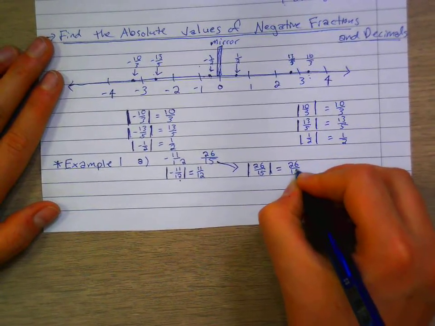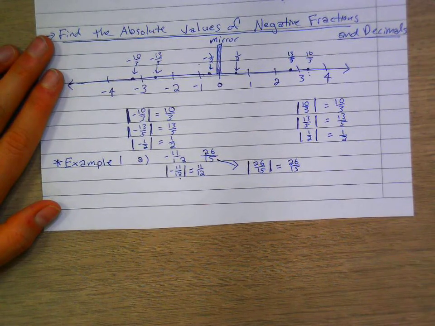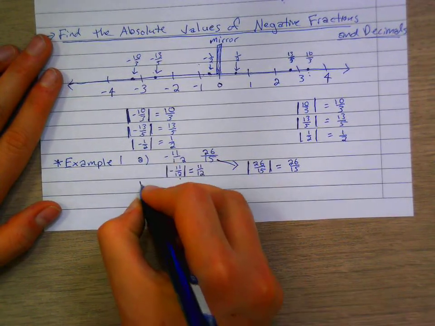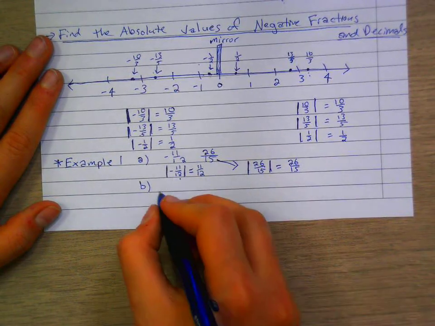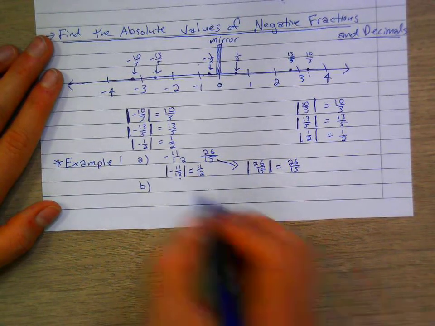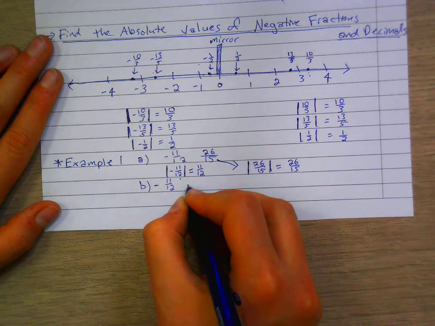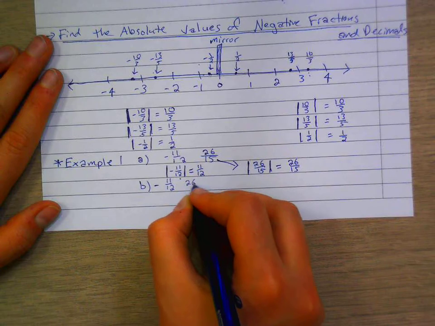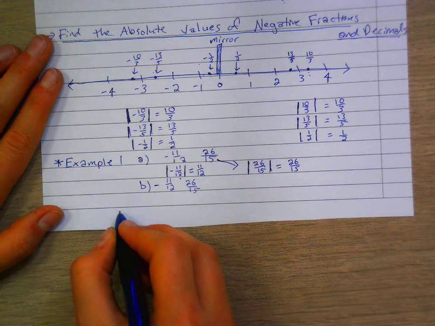Now, I want you to pause. First, before you pause the video, let's do B together, and then you'll get to practice on your own. So, using a number line, show how far negative 11 twelfths and 26 fifteenths are from 0. Which number is closer to 0? Let's draw the number line down here.